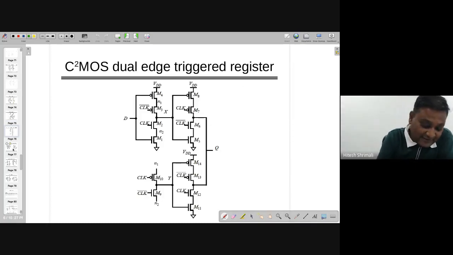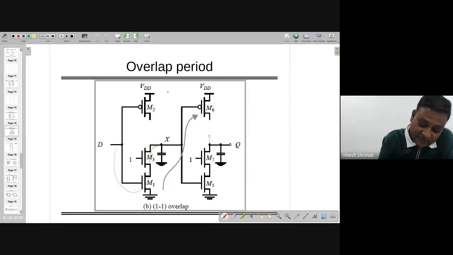Other than that, C-square MOS is the one which can be designed either positive edge triggered or negative edge triggered.